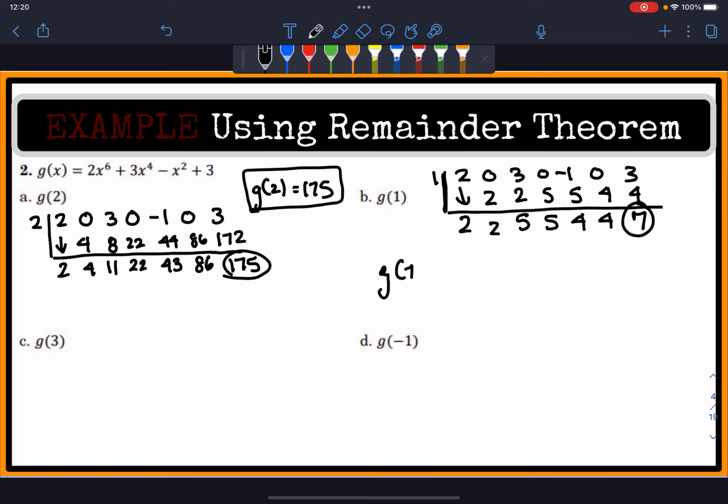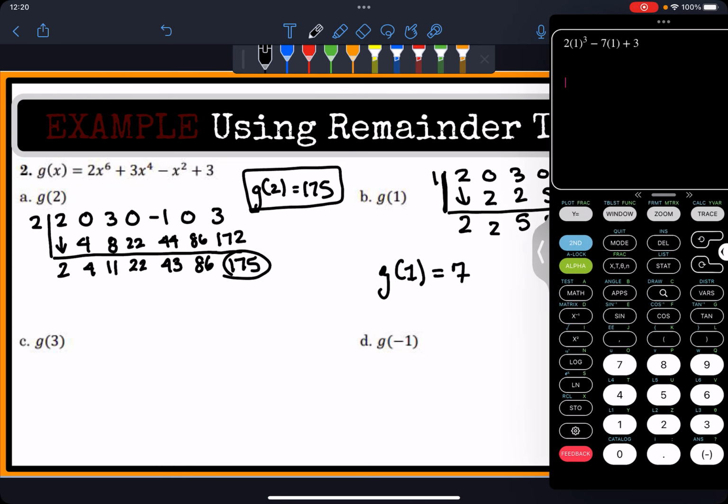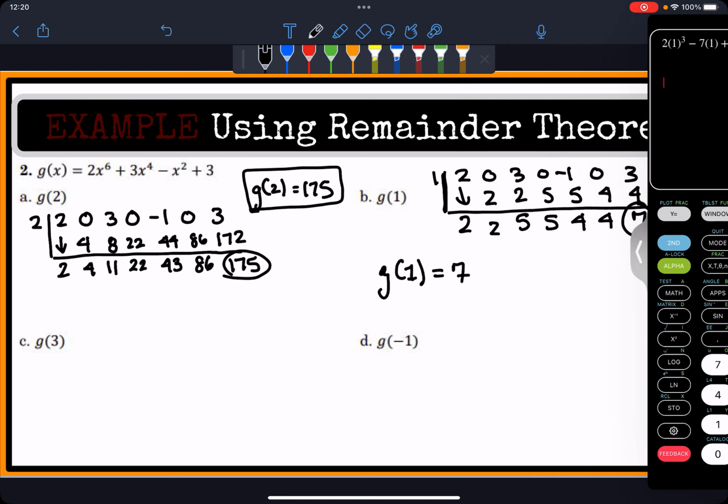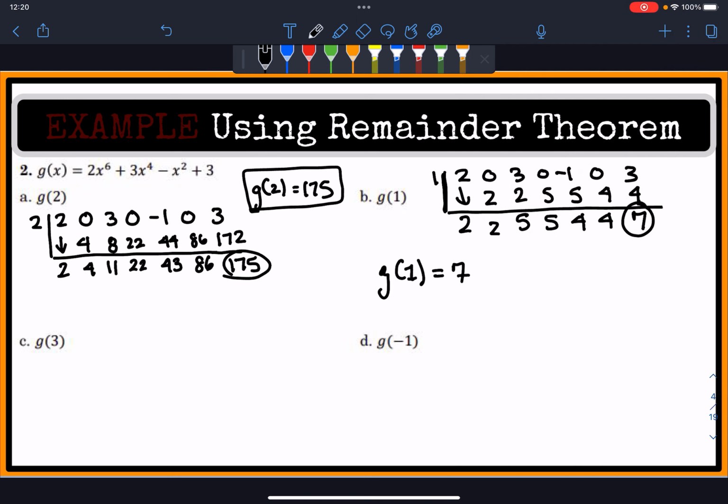So G of 1 is equal to 7. Now, of course, you can do this calculation just by replacing the value of x. But the idea here is to, again, not rely on the calculator and learn how to evaluate a polynomial function using this technique here.